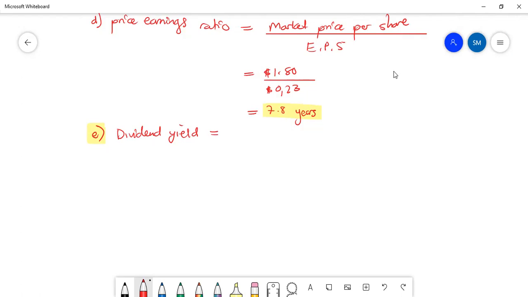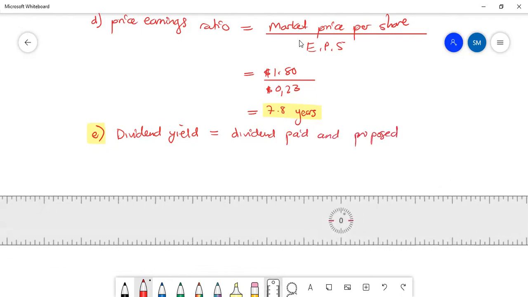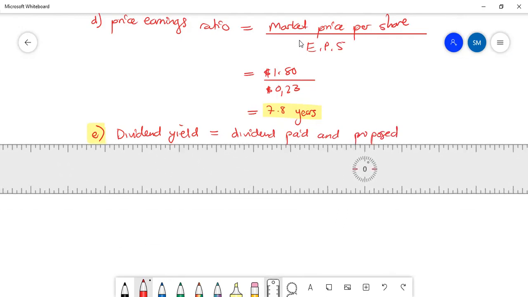And we said the formula for dividend yield is literally your dividend paid and proposed divided by the market price of the share, correct?